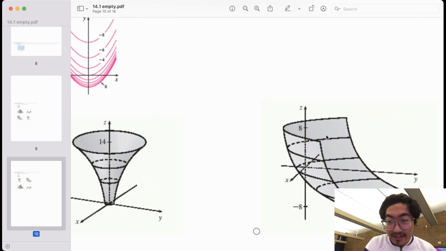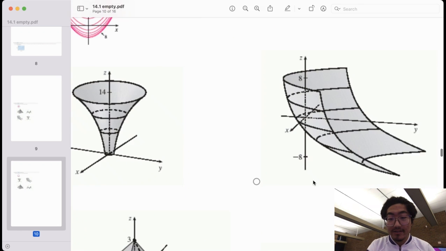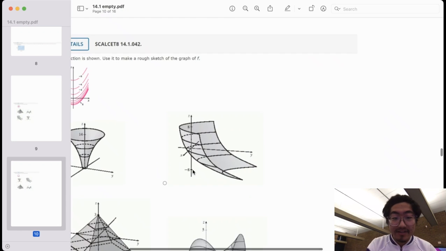So it's going to be this one. If you point x, as y goes positive, it's more spread out. So it is top right.